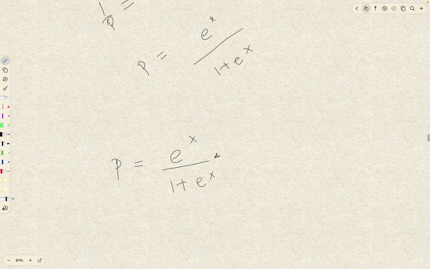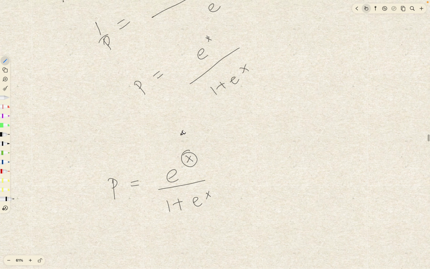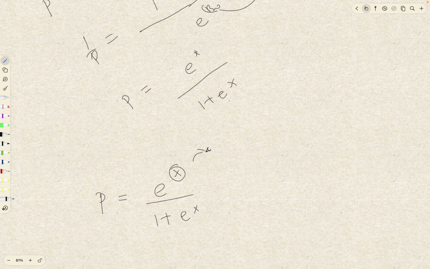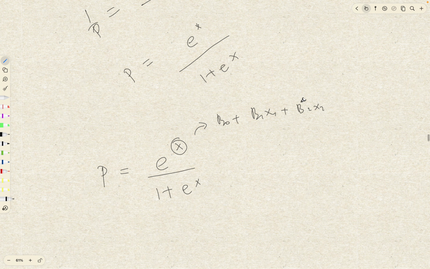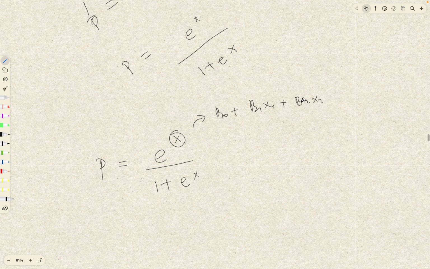What is x? x is a linear function of features and coefficients. So what happens here is that we have features, we plug these features here, and at the end of the day we get the probability.